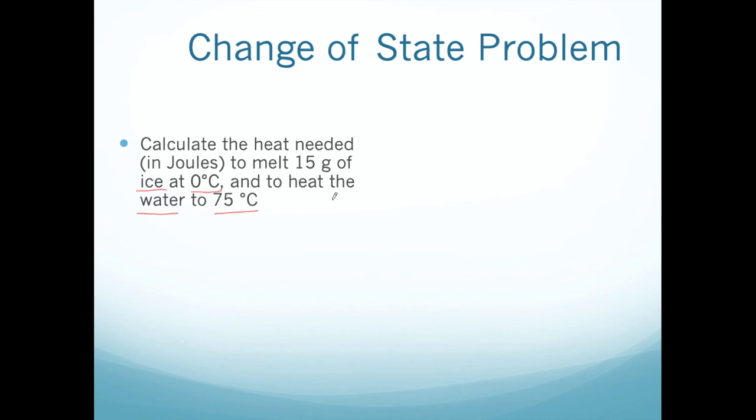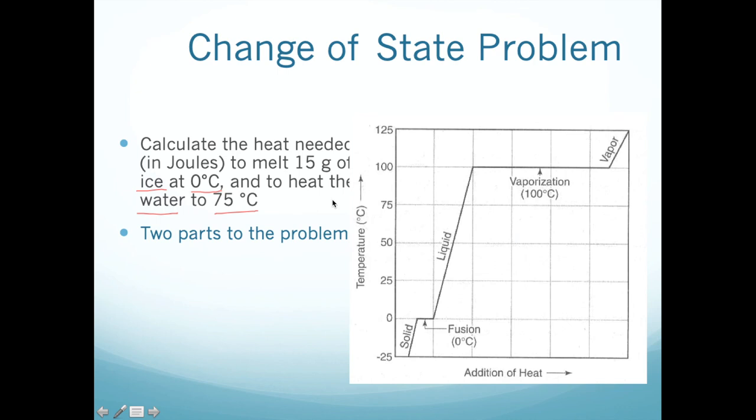what's going on. So if you have your heating curve, here's a big heating curve, and I'm just going to show you parts of this. If you were trying to sketch this out, you wouldn't have to draw the whole thing. Let's say you just started over here, and you say, all right, I've got ice at 0 degrees Celsius. That's where I'm starting, with 15 grams of that ice.